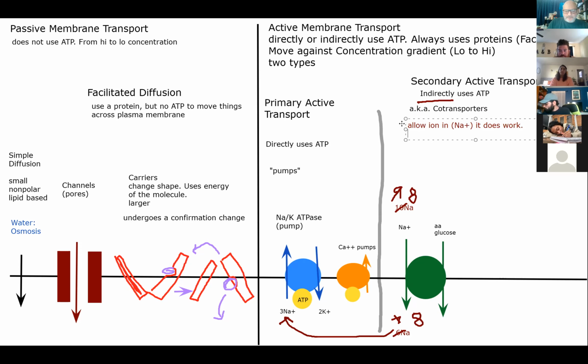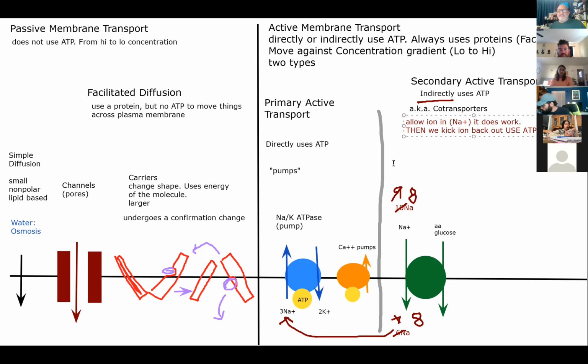But then we have to kick that ion out. That sodium back out. And what do we need to use to kick that sodium back out? ATP. Yeah, we have to use ATP for this. So this is how it is indirectly using ATP. The molecule itself doesn't use ATP, but if I don't use ATP to kick that sodium out, sodium's not going to want to come in anymore.